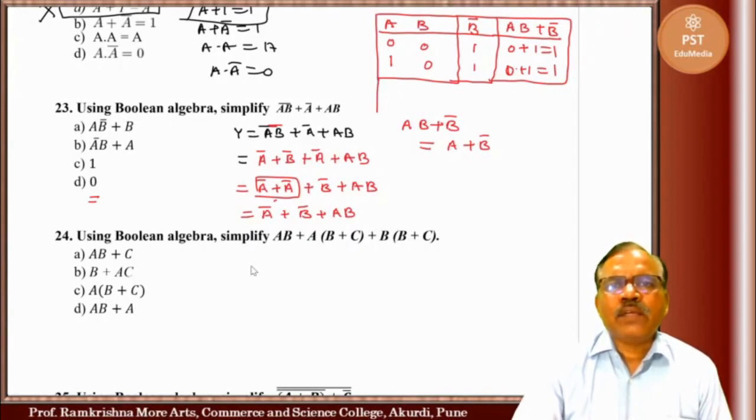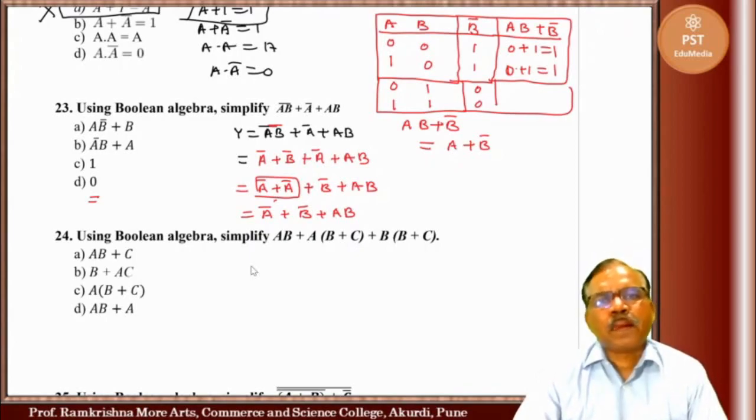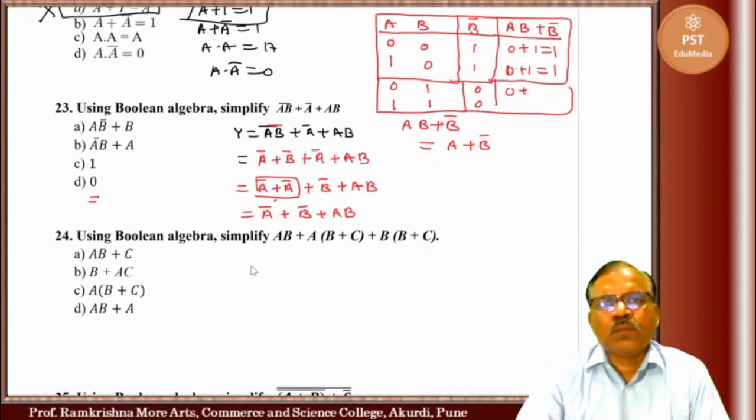Now you can have here 0, 1 and 1, 1. Then B bar is 0, 0, and here, so you will get 0 into 1, that is 0, plus 0, that is 0.